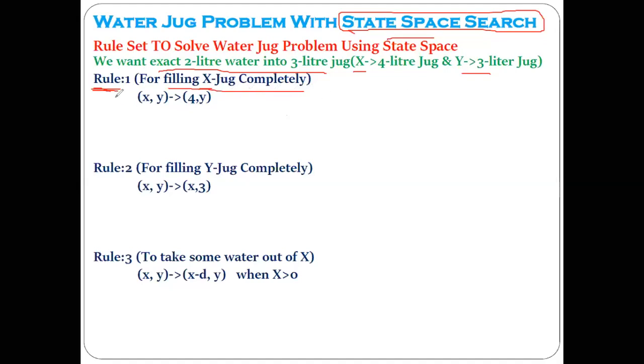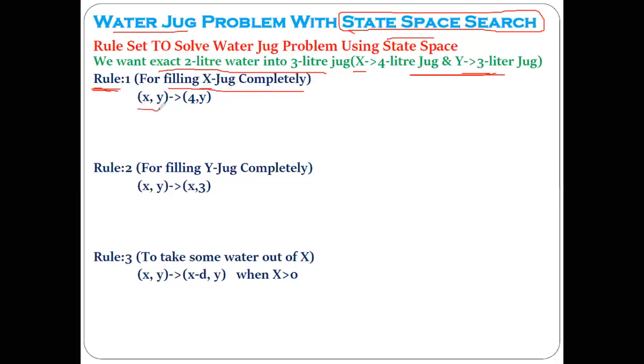Now these rules we are discussing using this given specification: one jug of 4 liter capacity, another jug of 3 liter capacity. Only these parameters will change if another example related to the water jug is asked. Now suppose you want to fill the X jug completely.